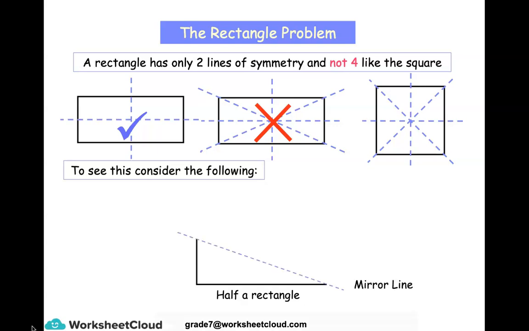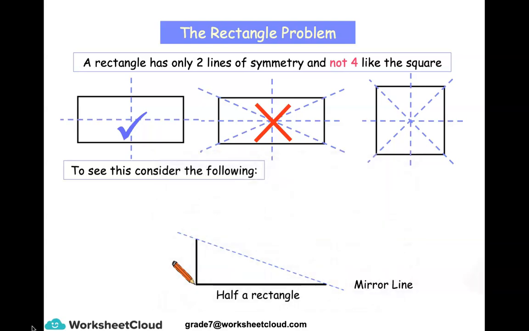However, if we put in some tracing paper and take our pencil and draw over what we want to reflect, and we reflect it into that mirror line, you can either draw it and fold it over the mirror line, or you can actually have a mirror and have a look.